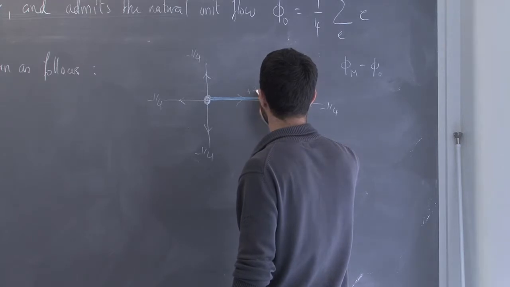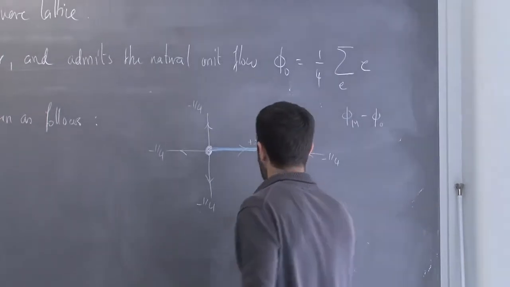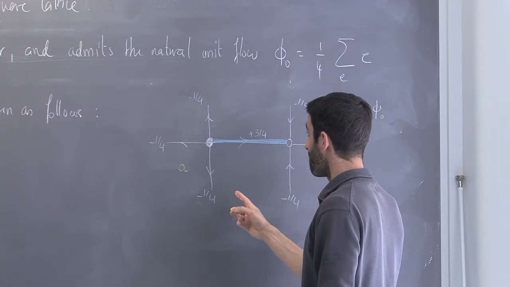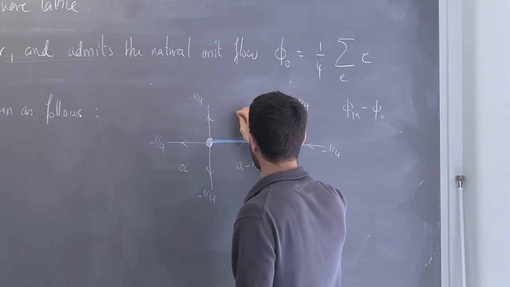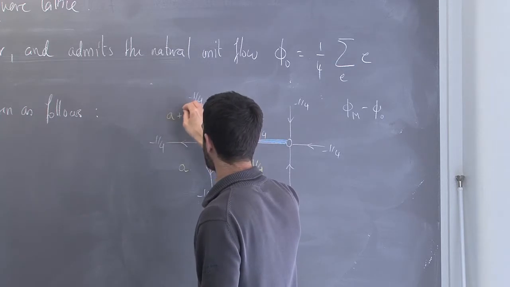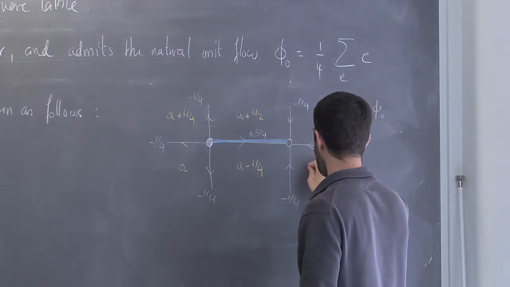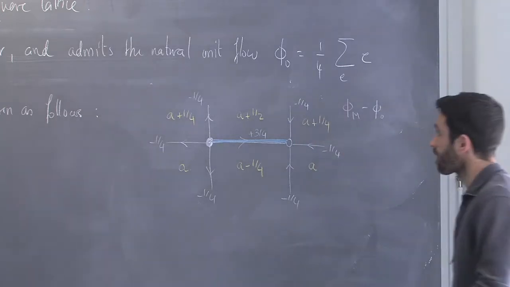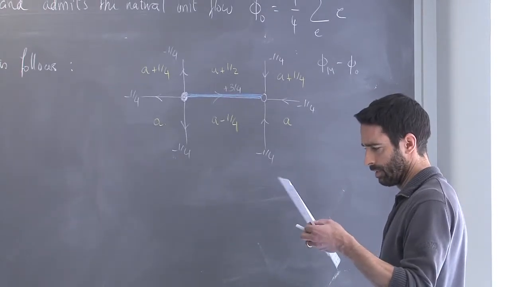And plus 3/4 here. So the corresponding height function, I'm going to have a here. So it's a minus 1/4 here, a plus 1/2 here, a plus 1/4 here, and going around here, I have a and a plus 1/4. I think that's correct. Yeah, it seems so.